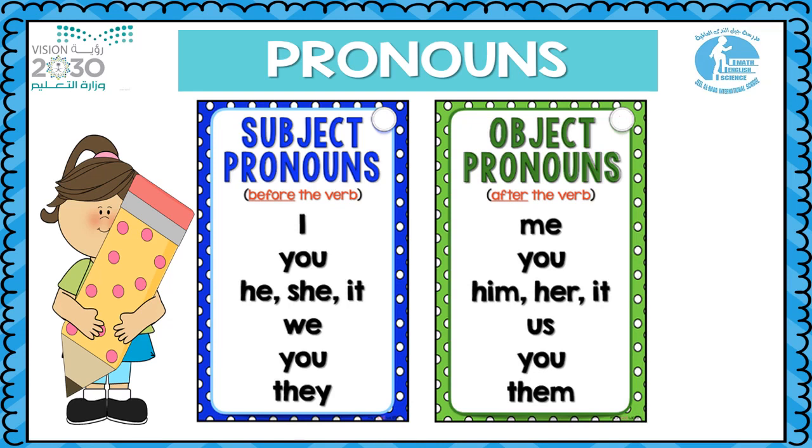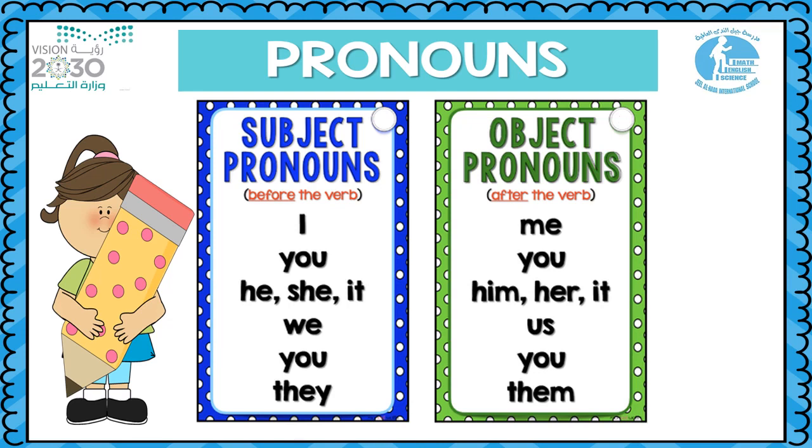We never start our sentences with these pronouns. What are these pronouns? Me, you, him, her, it, us, you, them. Again, what are the object pronouns? Me, you, him, her, it, us, you, them.